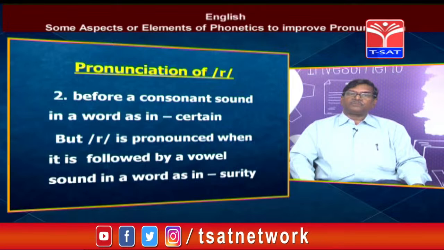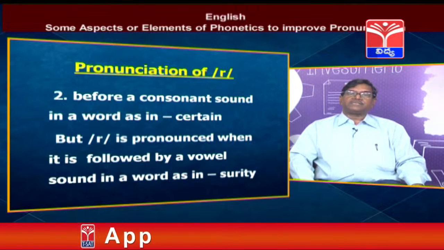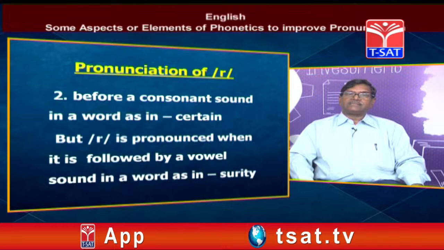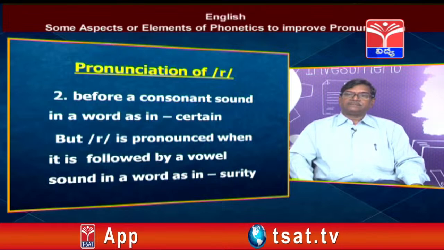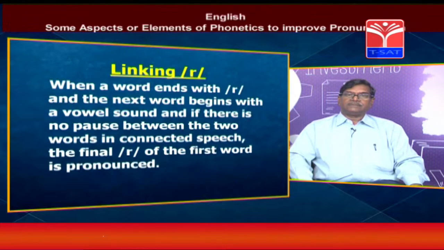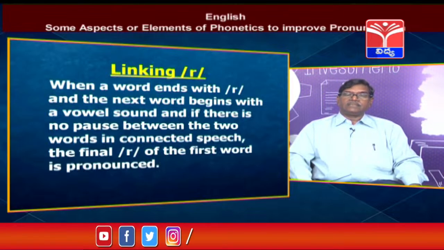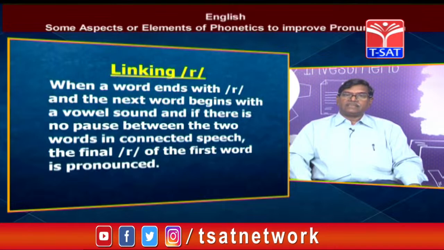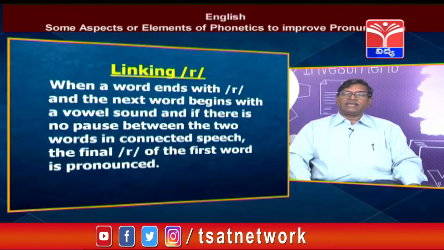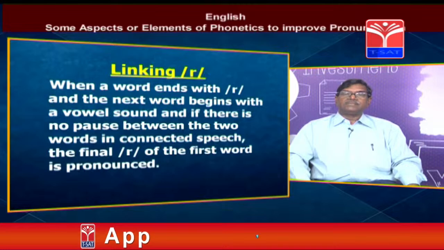But when it is followed by a consonant sound, it is not uttered, as in the case of certain, garden, girl. G-I-R-L, girl. R is followed by L, a consonant sound. There r is not pronounced.